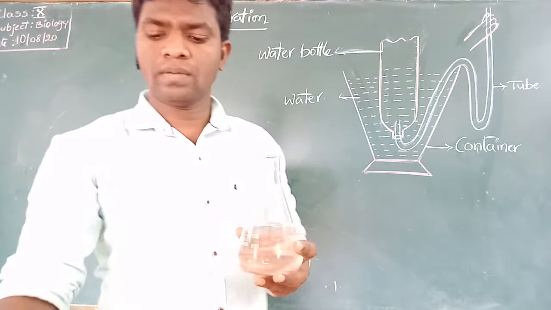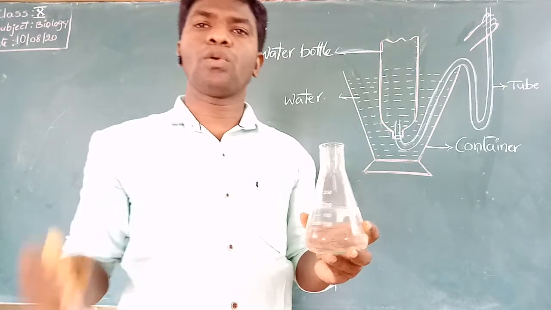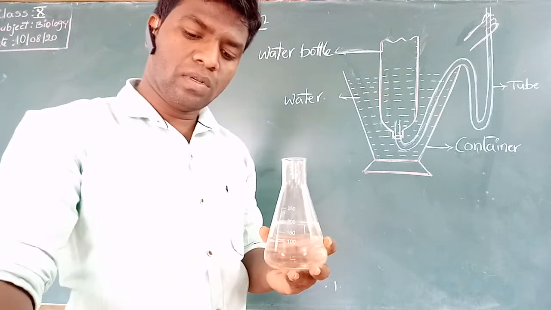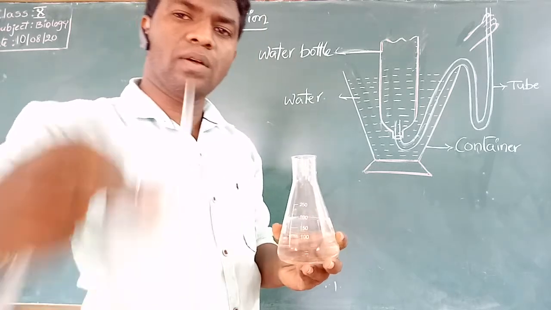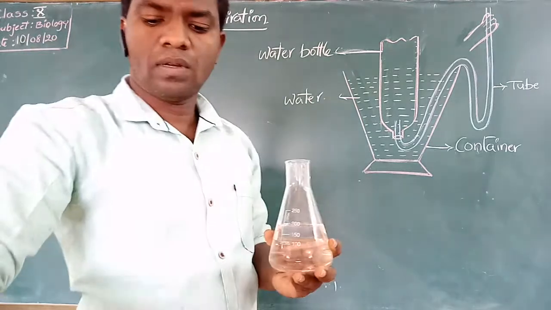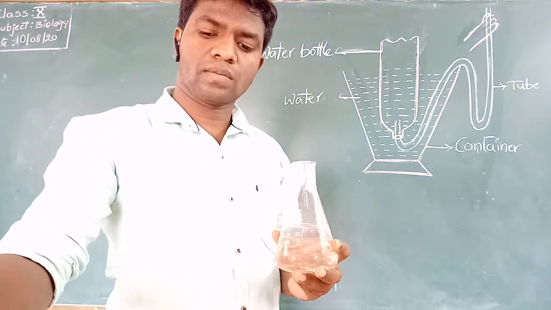Yes, I added phenolphthalein solution. Next I want to add 3 ml of lime water. I already prepared the lime water, so I am adding 3 ml of lime water in this.